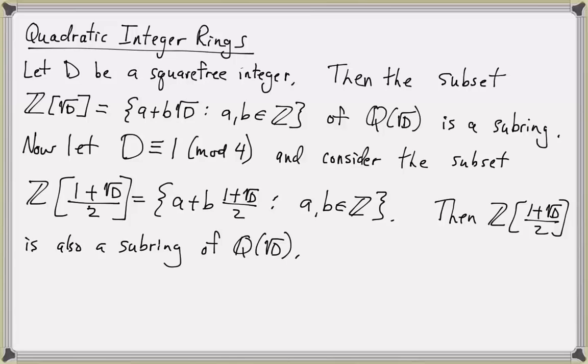So we're going to show that it's closed under multiplication. It's actually very easy to, again, to see that this set is closed under subtraction and it is not empty.